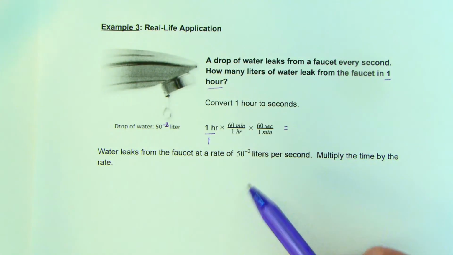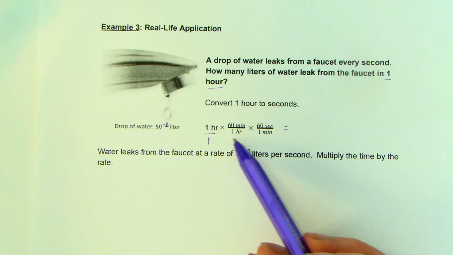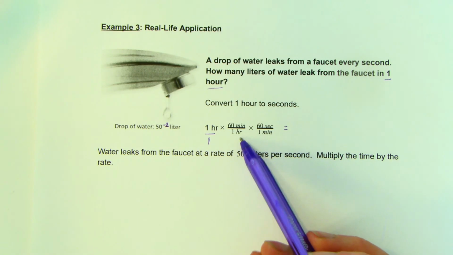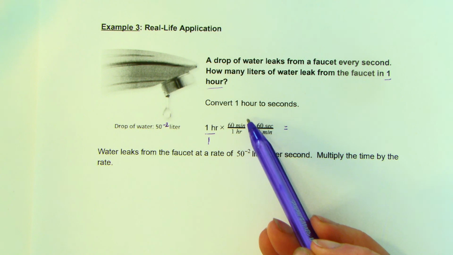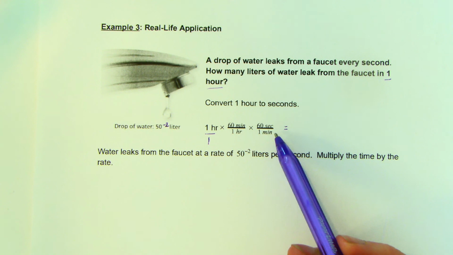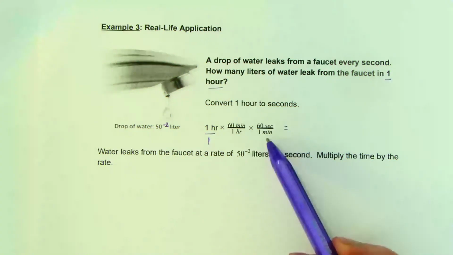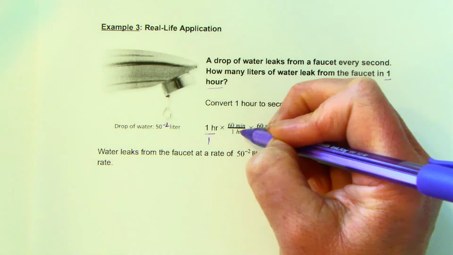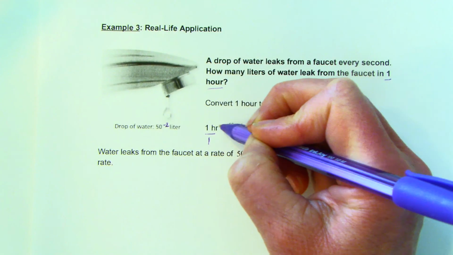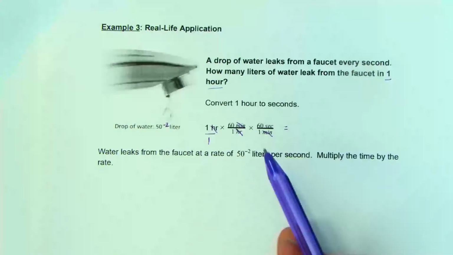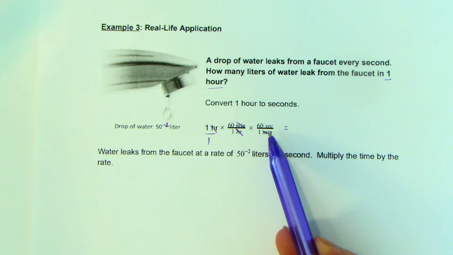But I want the units to cancel out, so I'm going to put the hours in the denominator and the minutes in the numerator. And same here, 1 minute is also equal to 60 seconds, so I could have written it the other way, but I want for the minutes to cancel out. So once we get the units canceled, the hours will cancel out, and the minutes will cancel out, and that will change me just into seconds.